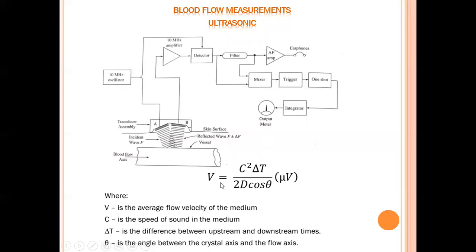So this is basically the average flow velocity of the medium, not the voltage. It's represented by this equation where C is the speed of sound in the medium, T is the difference between upstream and downstream times, and theta is the angle between the crystal axis and the flow axis.